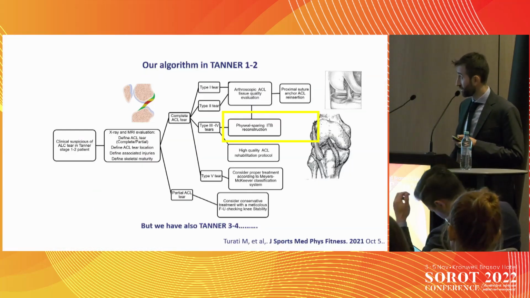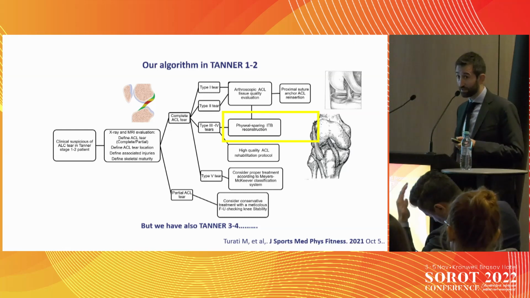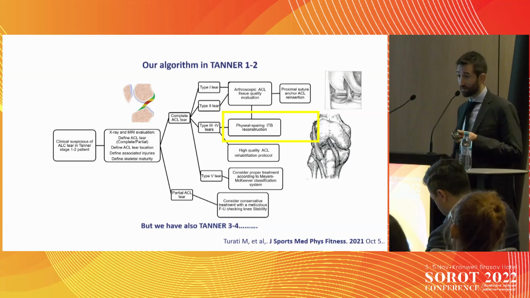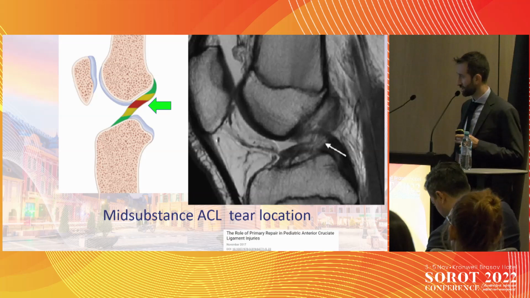How to treat? Of course, there is not only reconstruction as a possibility. In very young patients, we stress the importance of considering the location of the tear, because in pediatric patients, some proximal or distal tears could be repaired. But now we consider the mid-substance ACL tear that requires a reconstruction.